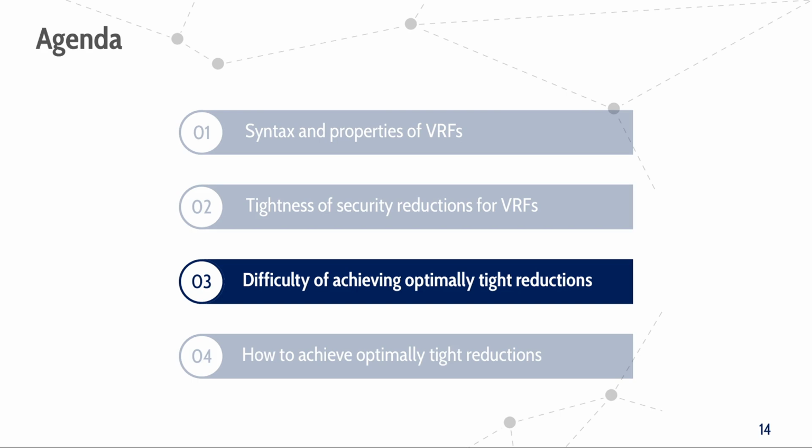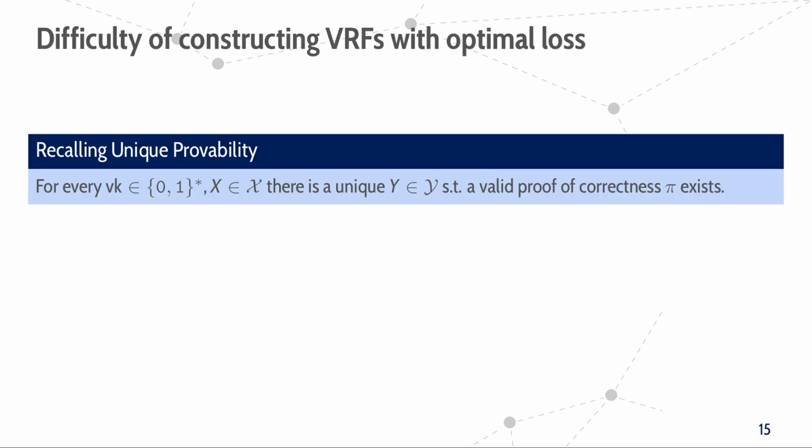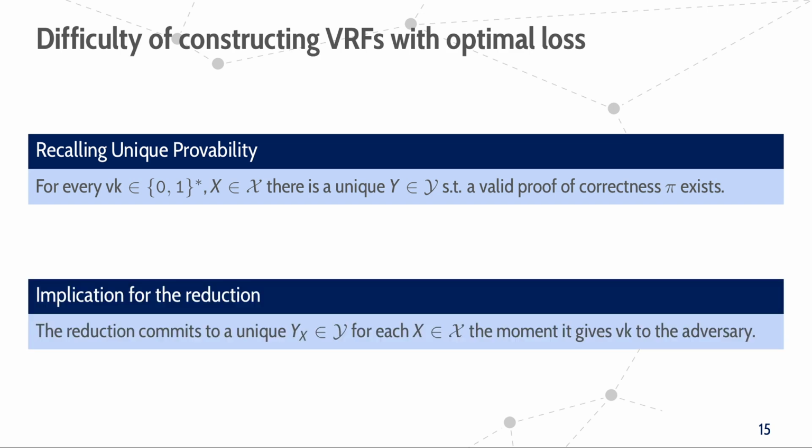Next, let us look into why there is such a significant difference between the tightness of reductions for VRFs and for unique signatures. For this purpose, let us recall the uniqueness property of VRFs that requires that there is a unique VRF output Y for each combination of input and verification key for which an accepting proof exists. For the reduction, this means that it implicitly has to commit to all VRF outputs the moment it gives the verification key to the adversary.